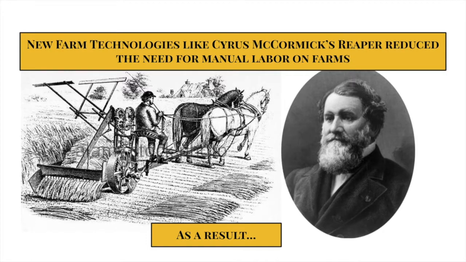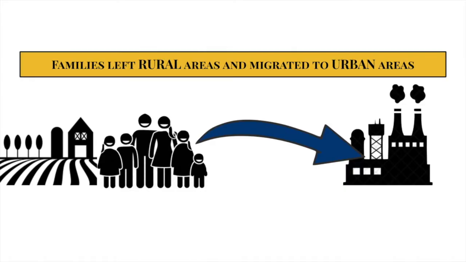So machines begin replacing farm workers, and as a result, we're going to see a shift in population from rural areas to urban areas. As families are replaced as farm workers, they need a place to go, so they're going to go to the cities and get jobs, swelling and growing these urban areas, and again, fueling this industrial growth.